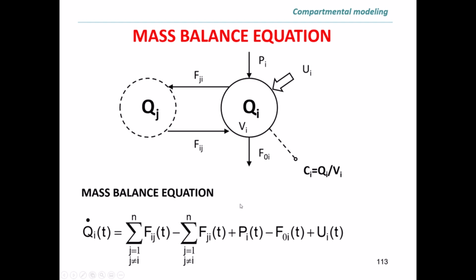The variation of the quantity inside compartment I is given by the sum of the fluxes entering compartment I minus the sum of the fluxes coming out from compartment I. In this description are included the fluxes between compartments, but also endogenous and exogenous input.